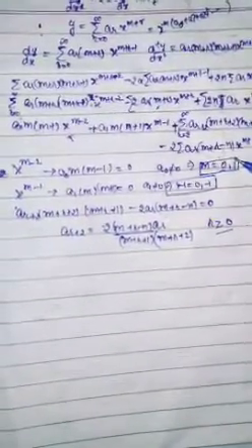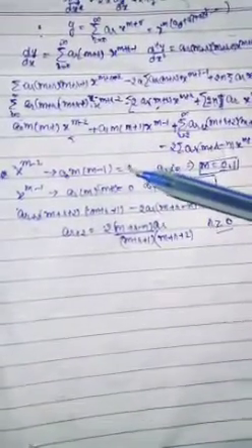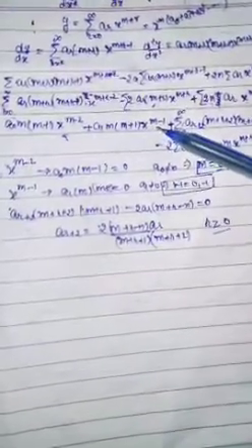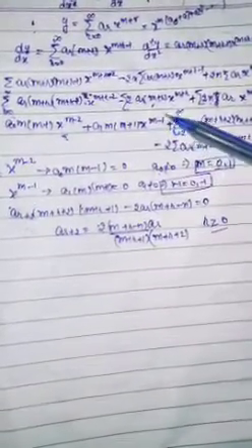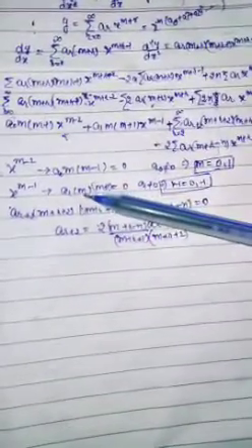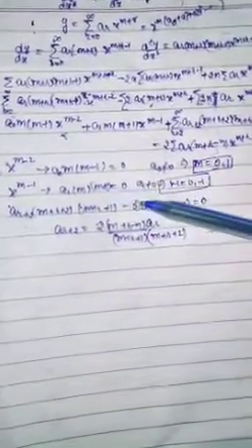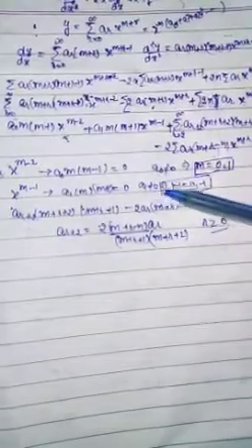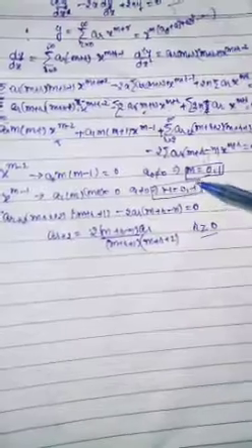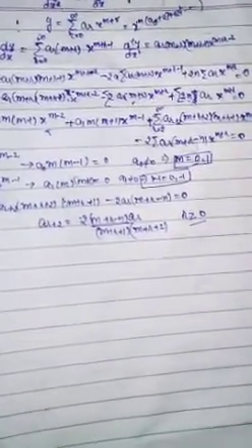Secondly, the next lowest degree term is x raised to the power m minus 1 in this equation. So equating the coefficient of x raised to the power m minus 1, we get the result a1 m into m plus 1 equals 0. So a1 cannot be 0. Again we get the value of m as 0 and minus 1.